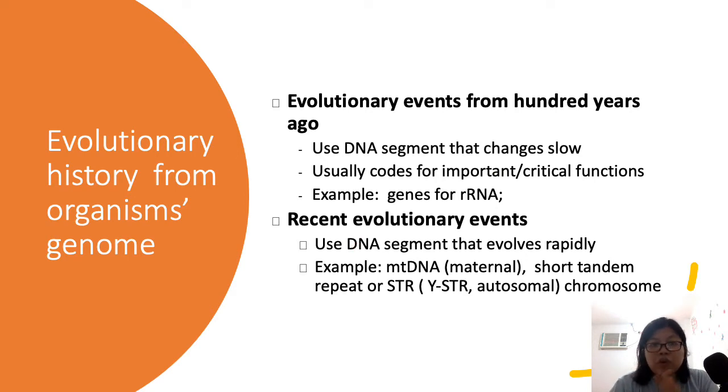Okay, example of the segments that can be used for recent evolutionary events. For humans, what we use is mitochondrial DNA if we are trying to deduce relatedness based on the maternal side, because as we know, traditionally mitochondrial DNA is associated with maternal inheritance, but recently there are studies that are saying that mitochondrial DNA can also be inherited from the father, but most of the mitochondrial DNA still came from the mother side.